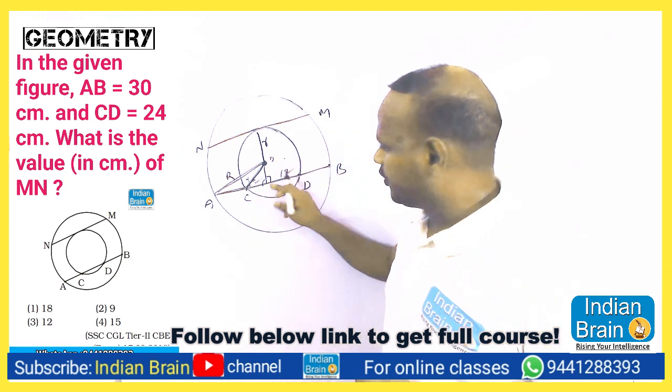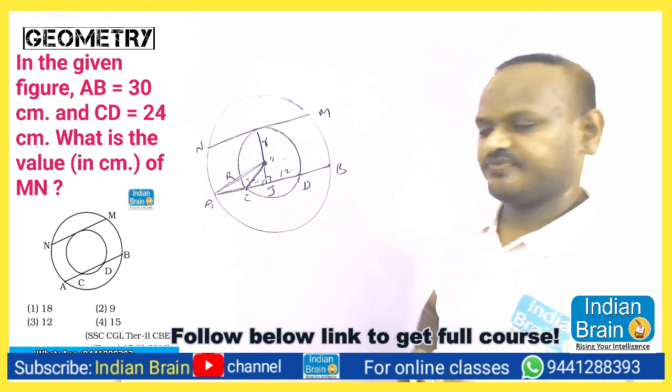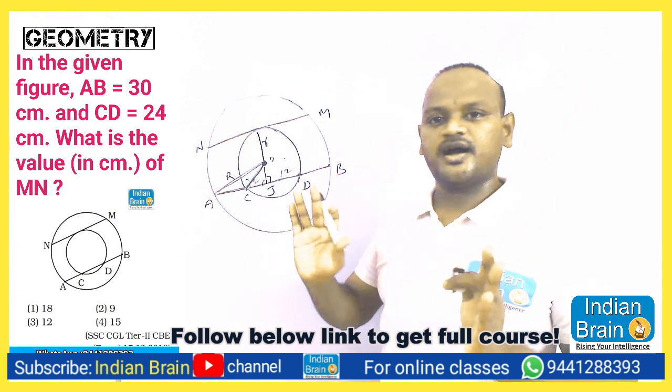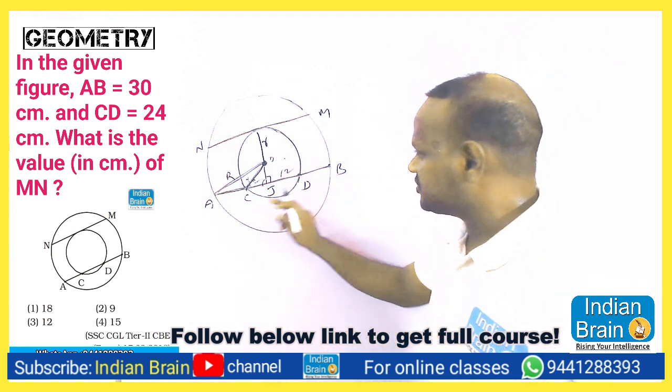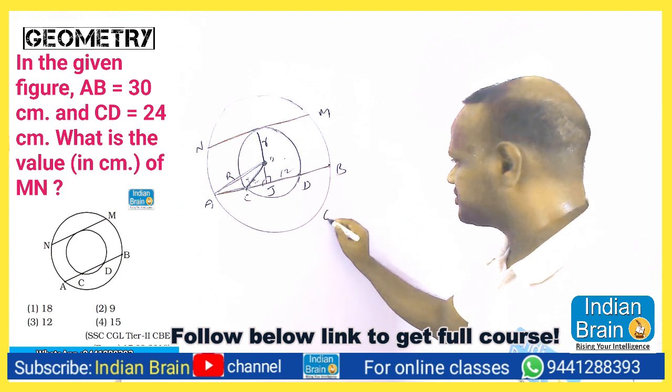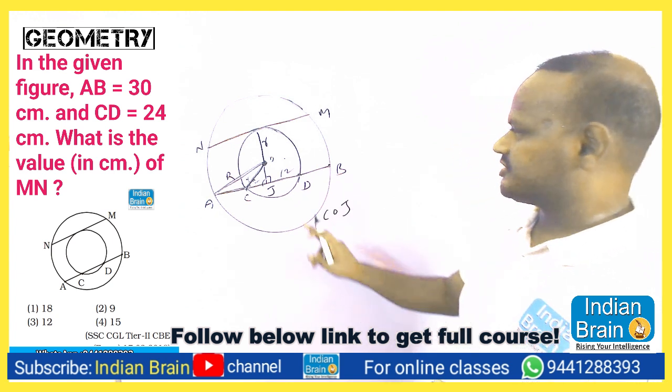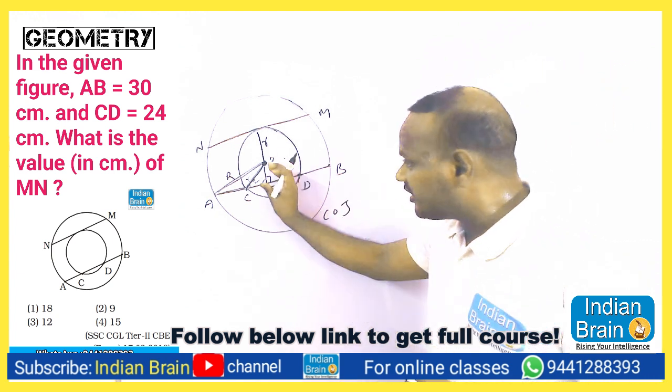What is that? Let us remember there is J, OJ. OJ is the common side. Don't confuse. COJ is a right angle triangle, the small triangle.